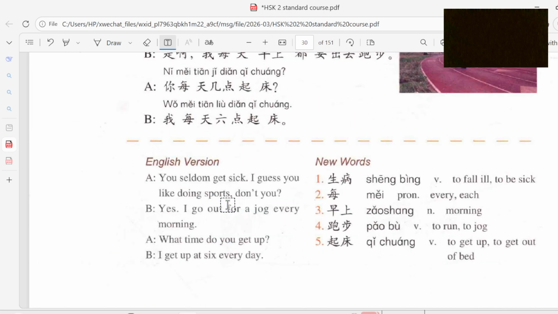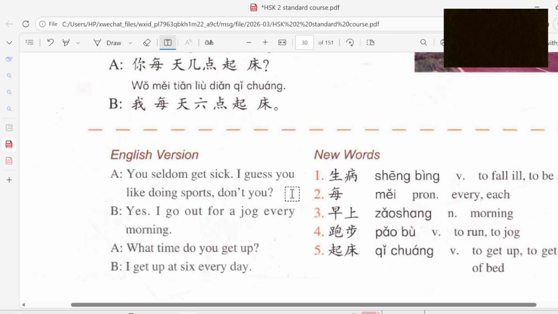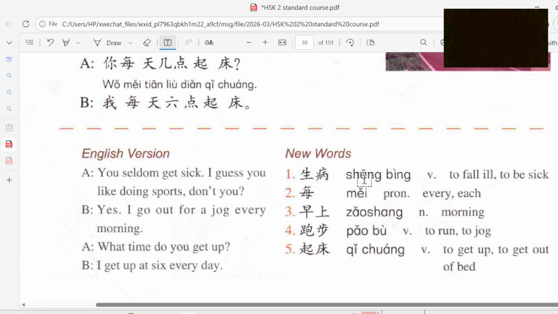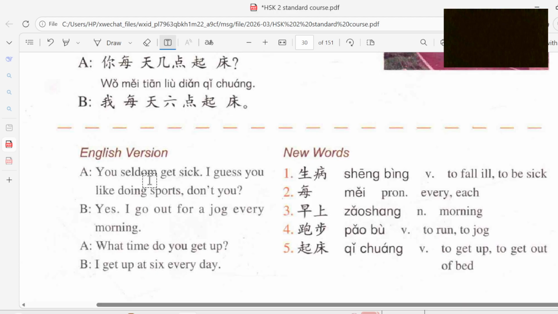Alright. So now we come to the next lesson. We have some new words here. 生病, fall ill or to be sick. Repeat after me. 生病.